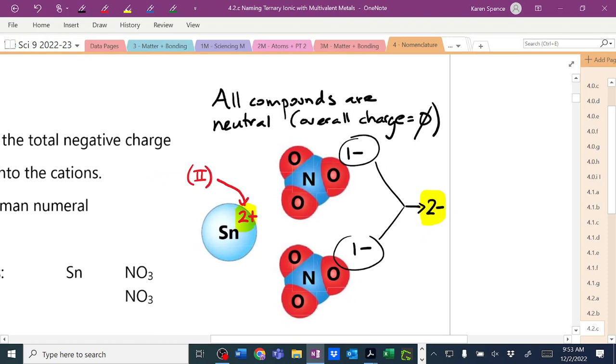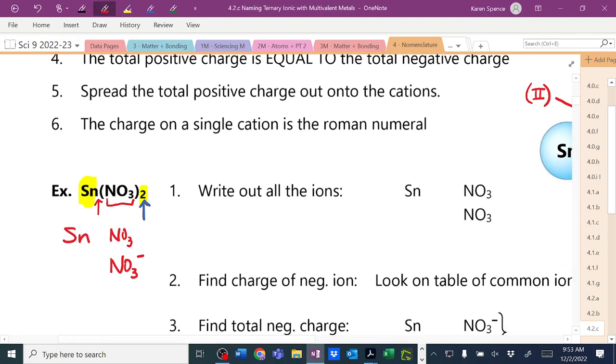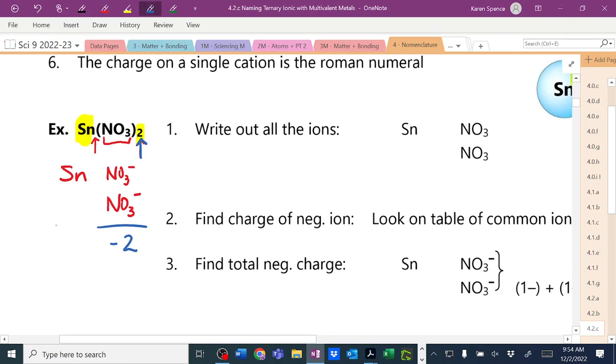And we can do it without doing all the pictures. We can just write out the ions like we did over here. We can say each of those is -1. When I add up the total negative charge, I get -2. Total positive charge, +2. And then there's only one place for that to go. That's going to be 2 plus.